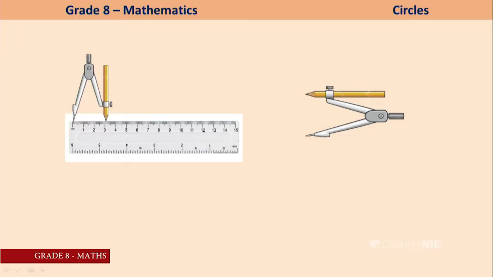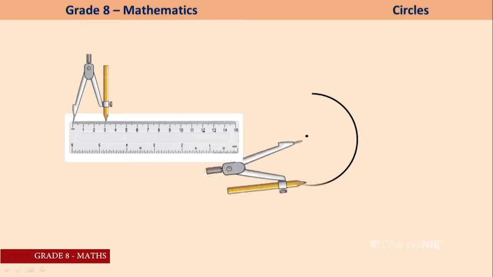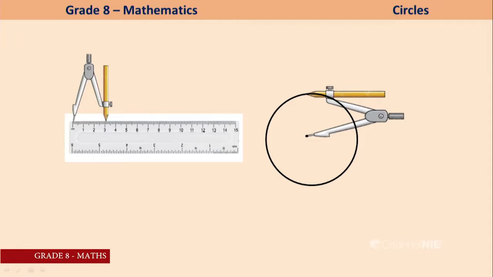So I took 3 centimeters for this compass, but you can take as much as you like and mark a point like this. Then keep your compass on that marked point and rotate this compass like this. Then you can obtain a circle.